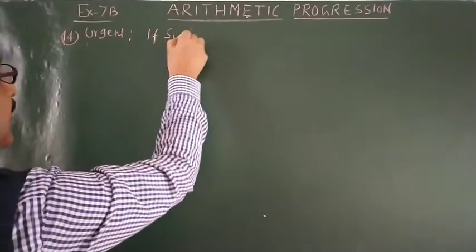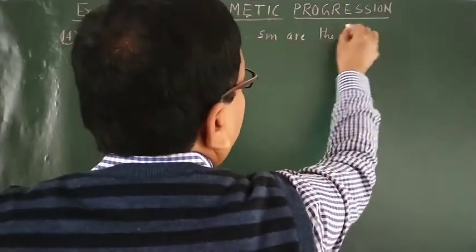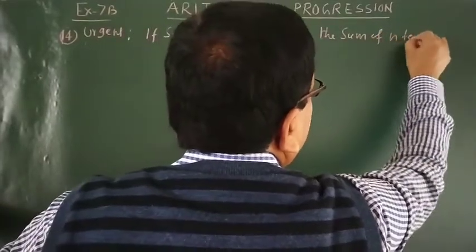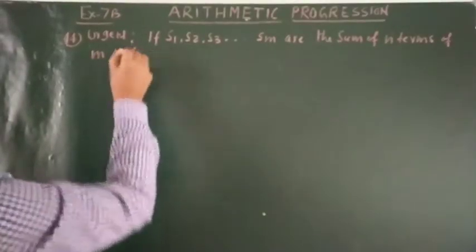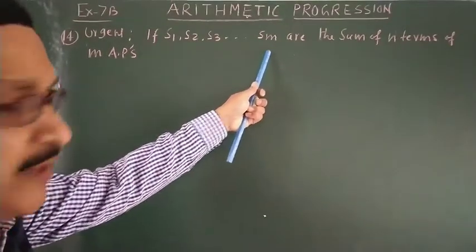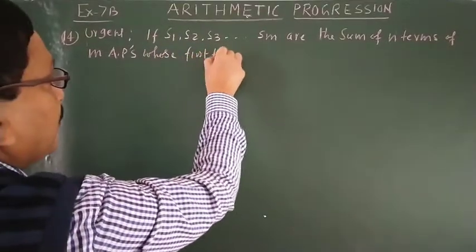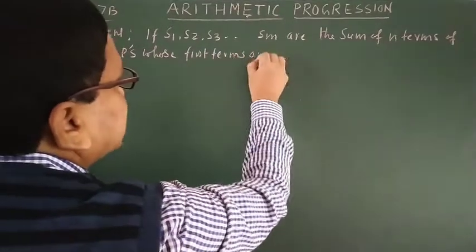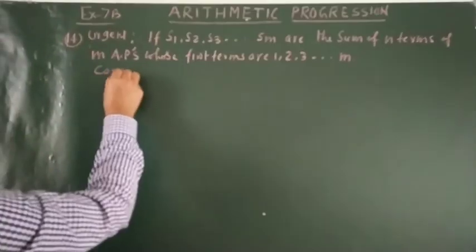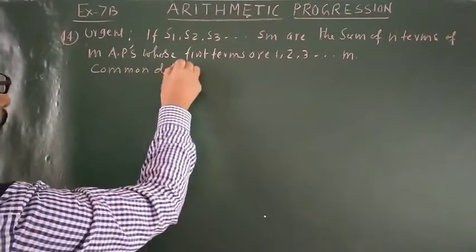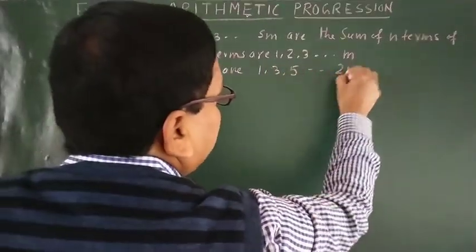If S1, S2, S3, ..., Sm are the sums of n terms of m APs, S1 to Sm being APs, whose first terms are 1, 2, 3, ..., m, and common differences are 1, 3, 5, ..., 2m minus 1.